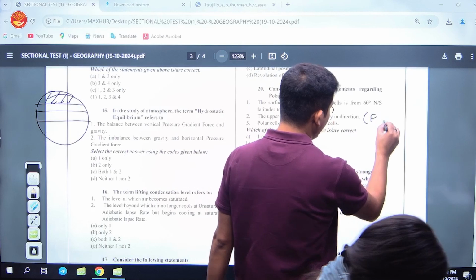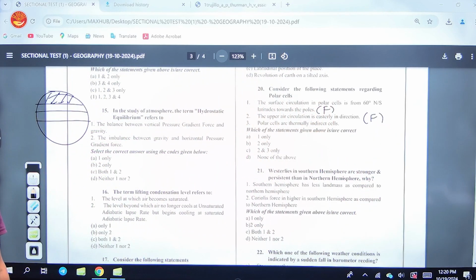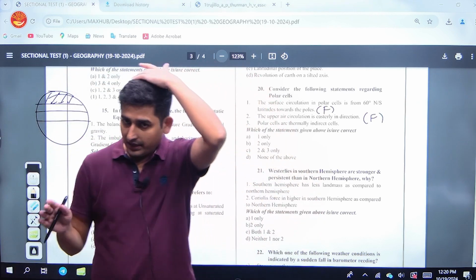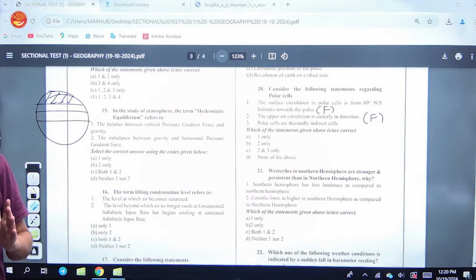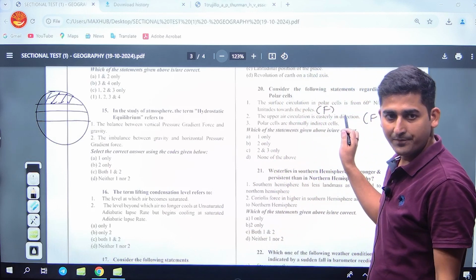If you remember, we have discussed the upper air circulation in the low latitude and the polar cells, and then we have separately discussed the upper air circulation in the mid latitudes. At all the latitudes, in all the cells, upper air circulation is largely westerly in direction. So it is telling you easterly in direction. No, it is false.